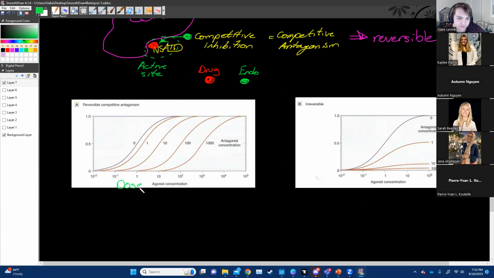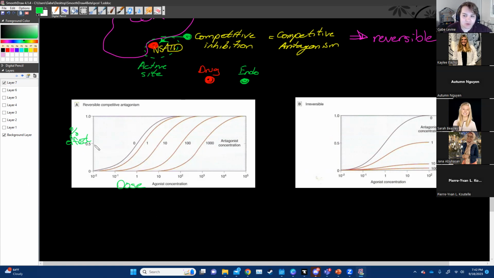Along the bottom we have dose, and along the y-axis we have percent effect. And just like we expect, and as we saw earlier, as you administer more and more of an antagonist, the potency of the drug goes down, or the amount of the drug that you have to administer goes up and up and up.